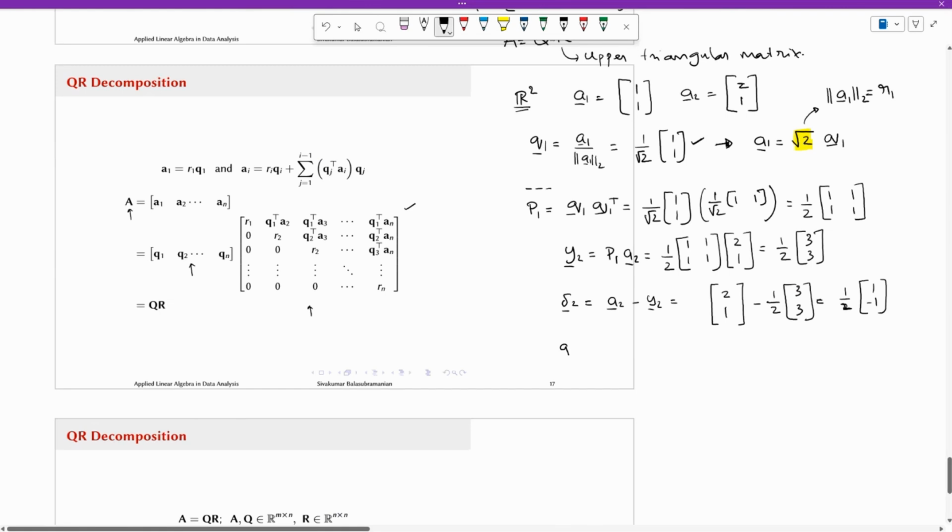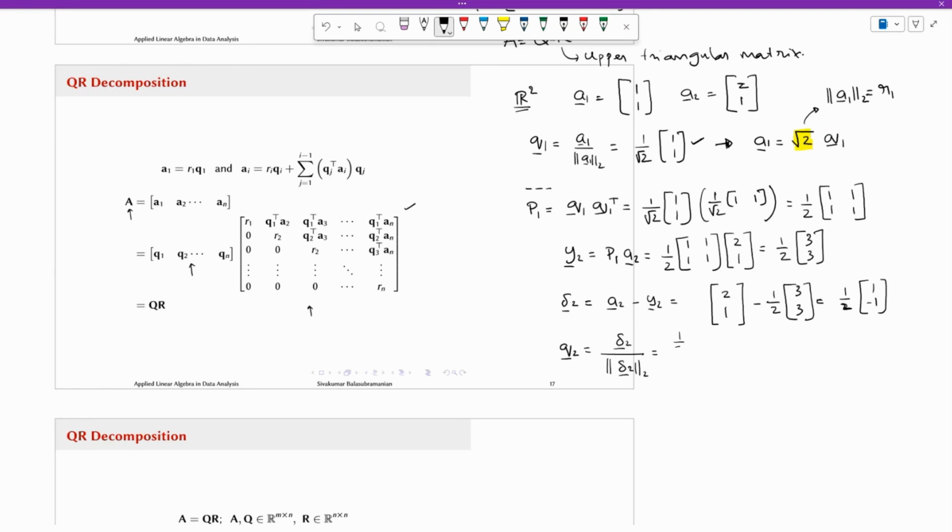That means from this we can now derive Q2 as what? What will be Q2 now? Well, it will be del 2 divided by the norm of del 2. What is that?